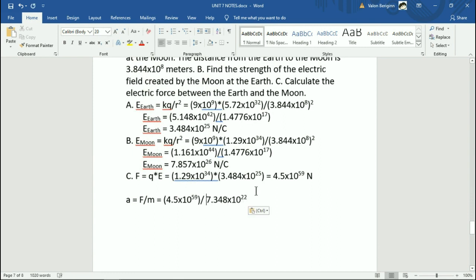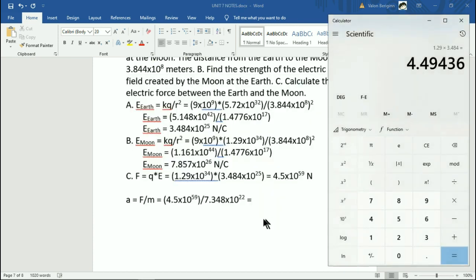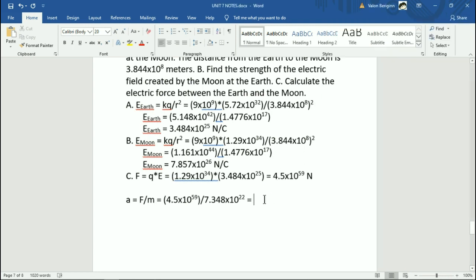Okay, there's your mass of the Moon, and you end up getting 7.348. I'll not round that, just to get a more accurate answer. I'm going to actually put all of this in and paste. Yeah. Okay.